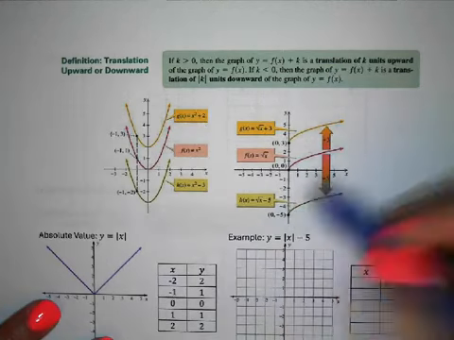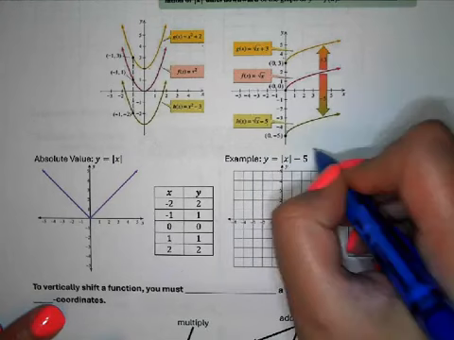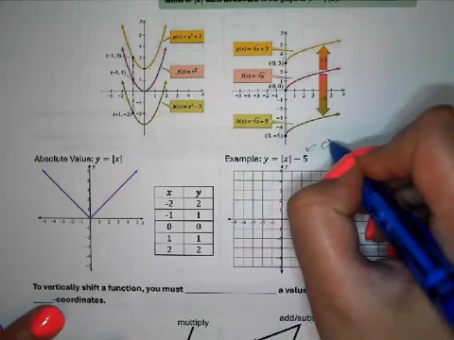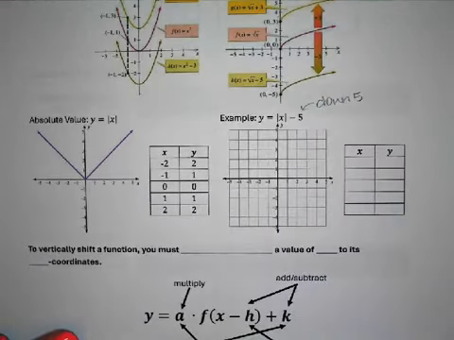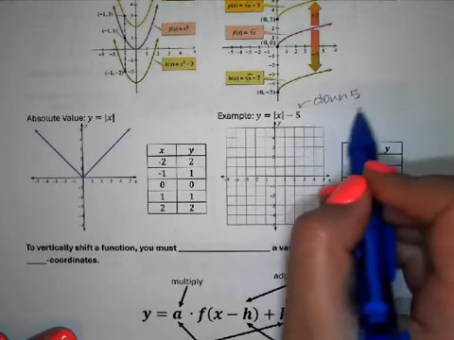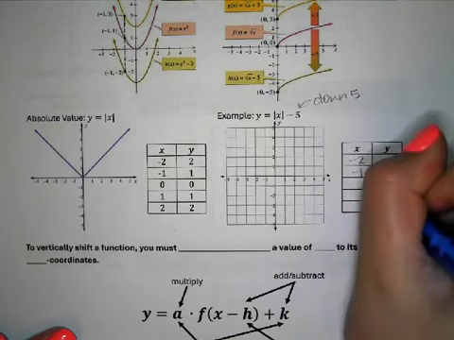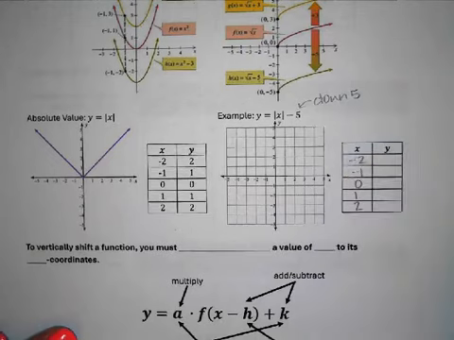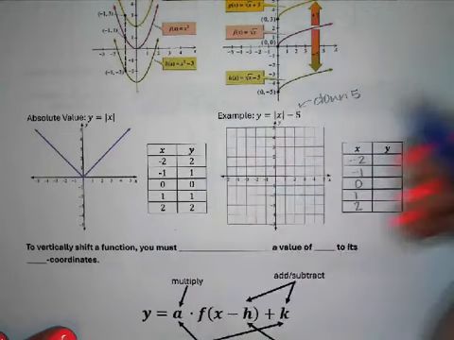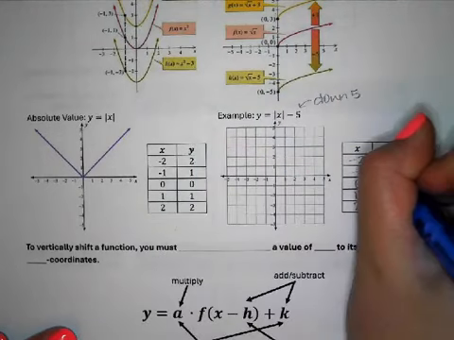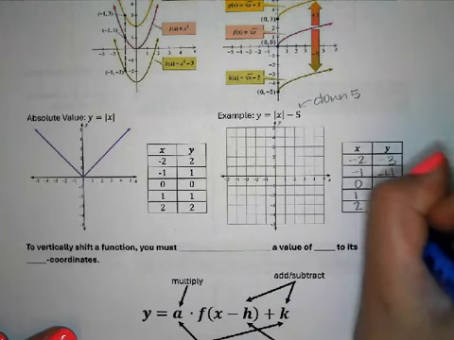So here, this is an absolute value function with a -5 on the end. This is going to shift the entire graph down 5. And if we think about which coordinate should be adjusted, if we're moving up or down, that's going to be a y coordinate change. So I'm going to keep the x coordinates the same. And I'm going to shift all of the y coordinates down by 5 by subtracting 5 from each of them. So -3, -4, -5, -4, -3.